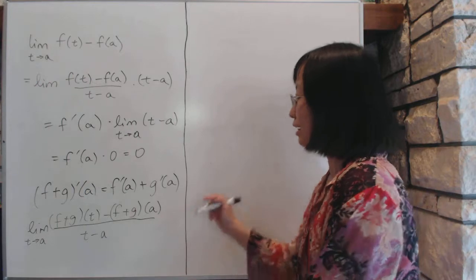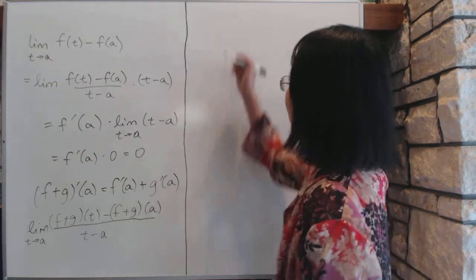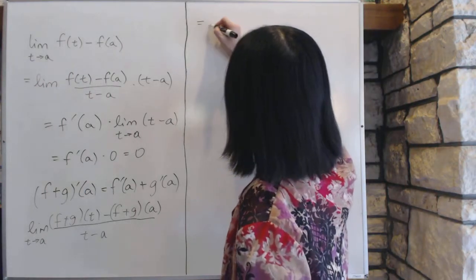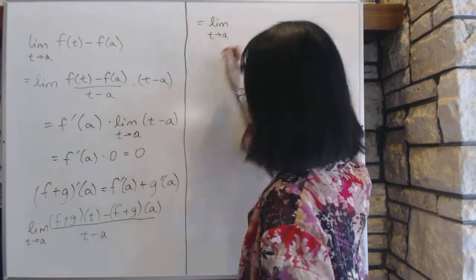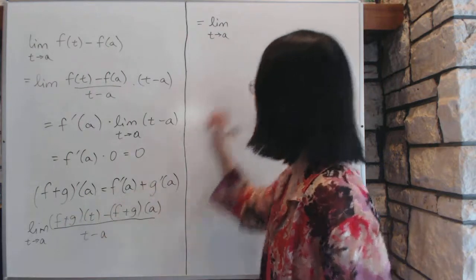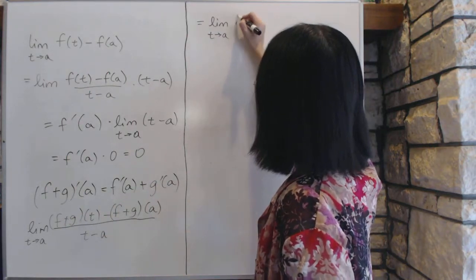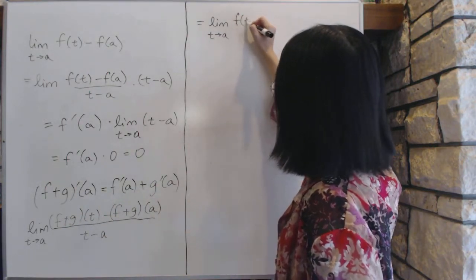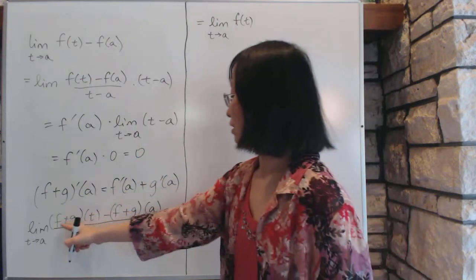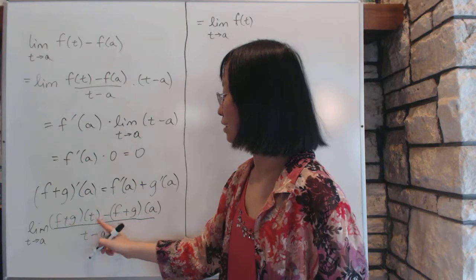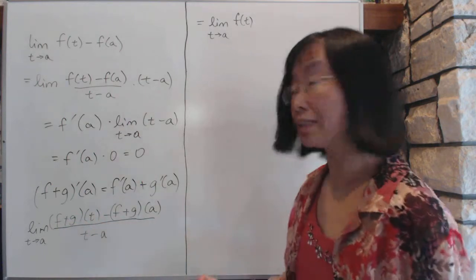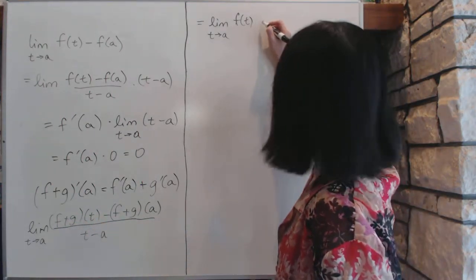Now this particular thing can be easily split up into two limits, the limit of each individual one. We'll do f first. So that is f of t minus f of a, because f plus g of t is just f of t and g of t, so you can just split it up.